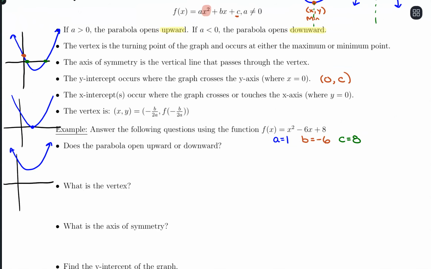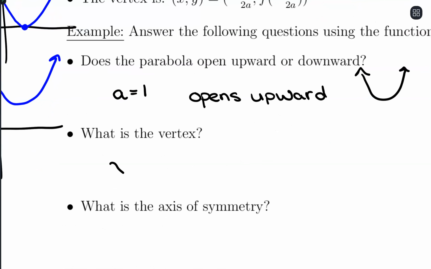So the first question, does the parabola open upward or downward? So if a is a positive 1, that means our parabola opens upward. So if I draw the parabola, it dips down and goes back up. What is the vertex? So what we're going to do is use that negative b over 2a to calculate the x-coordinate.